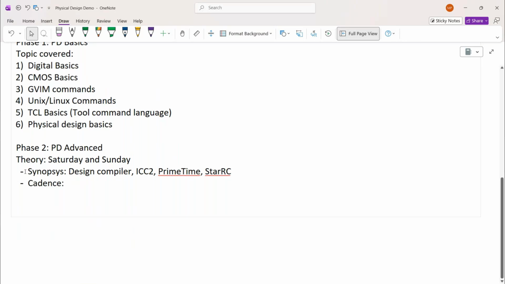In Cadence, we are using Genus for synthesis. We are using Innovus for placement and routing, and we are using Tempus for timing signoff. So these are the tools that we are using in Cadence.